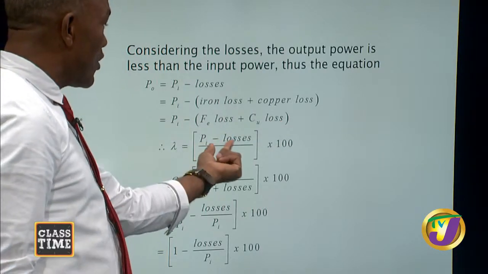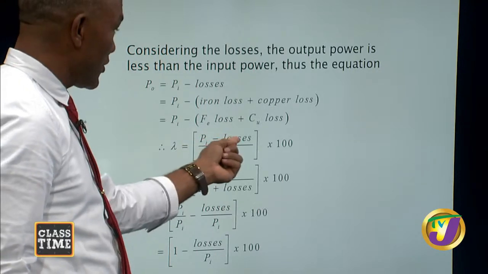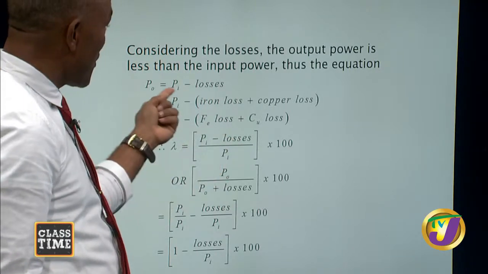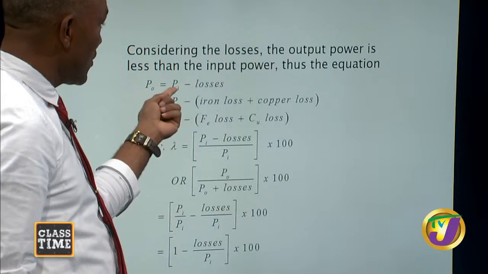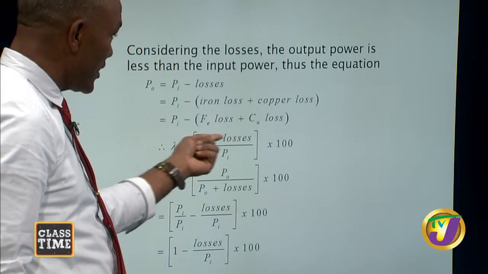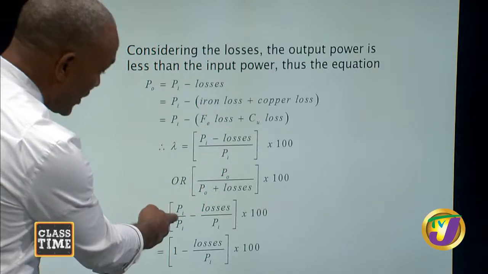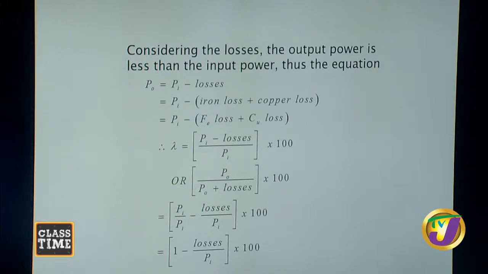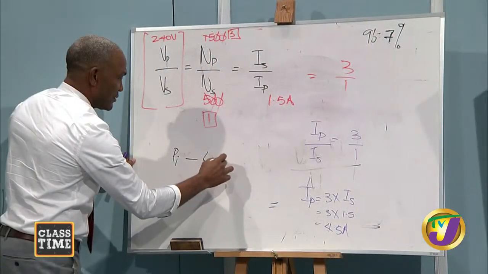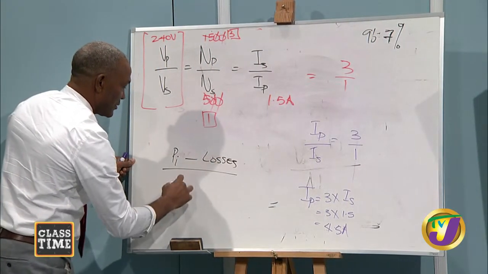So I remove power out up here. And what is your formula for power out? Here it is: power in minus losses. So I put power in minus losses, all right? When you have a fraction looking like this, you would have power in minus losses over power in.